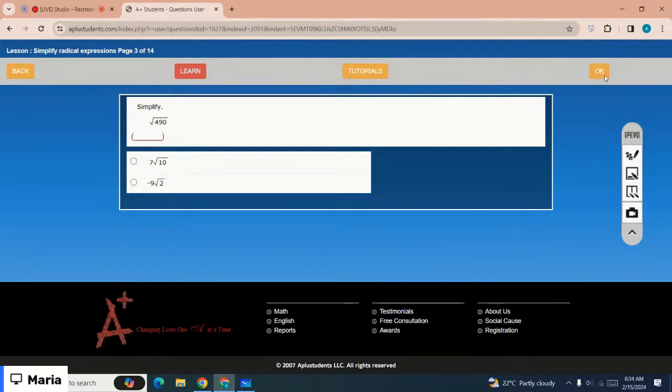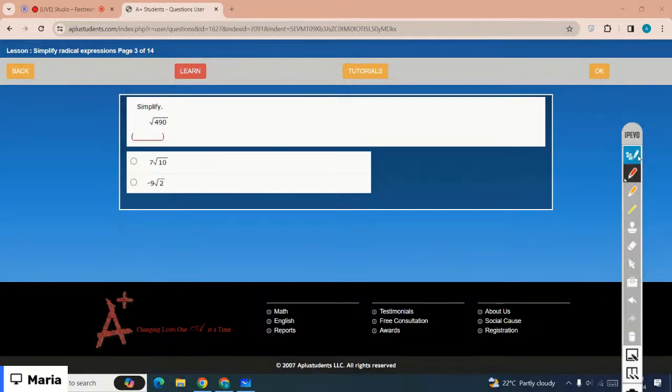Okay, the next one is square root 490. So which is the correct option? Let's just make the prime factors of 490, right? Their prime factors would be 7 times 7 times 2 times 5. They are the prime factors, right?